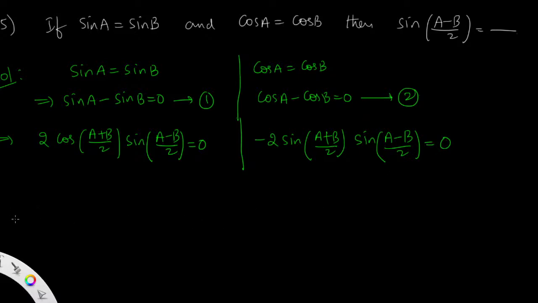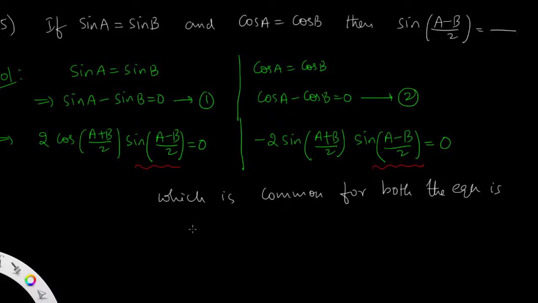So from both the equations, the common term for both the equations is sin of (A minus B) by 2, which is equal to 0.